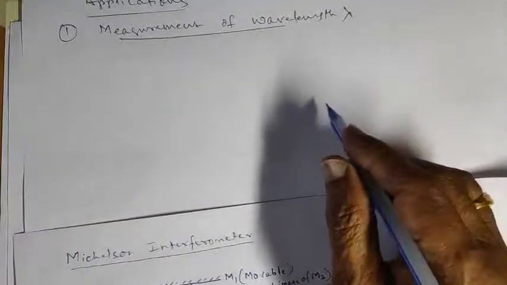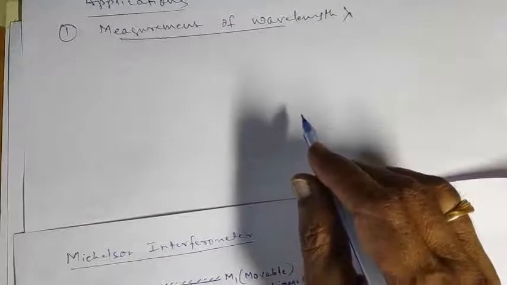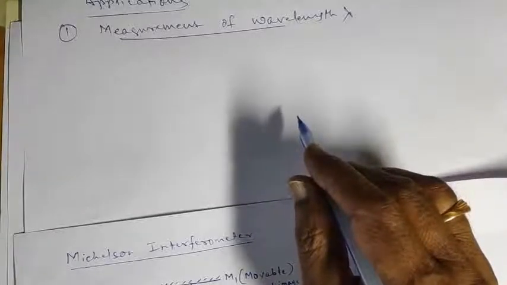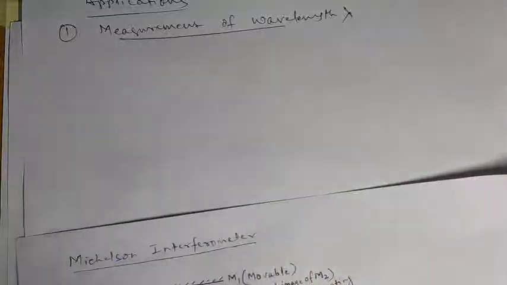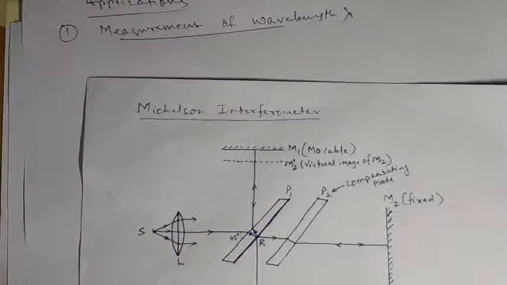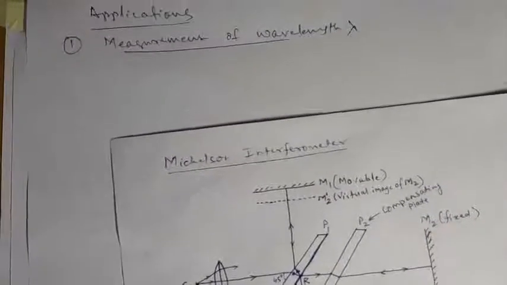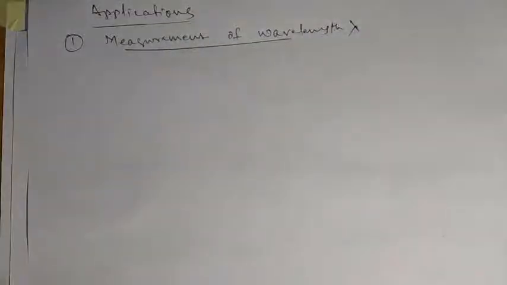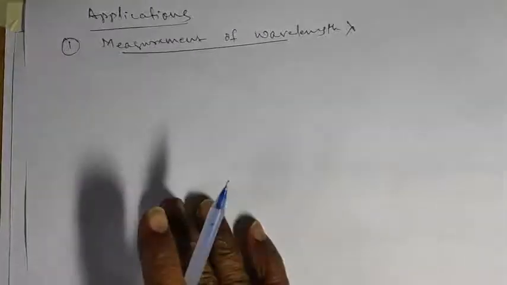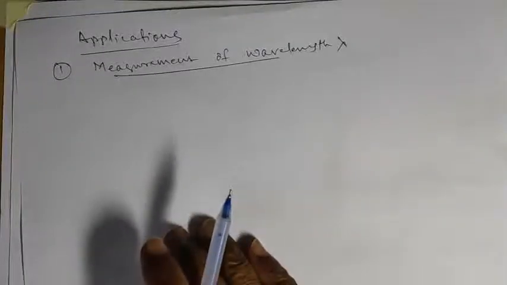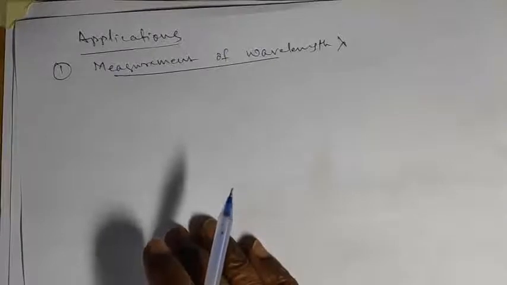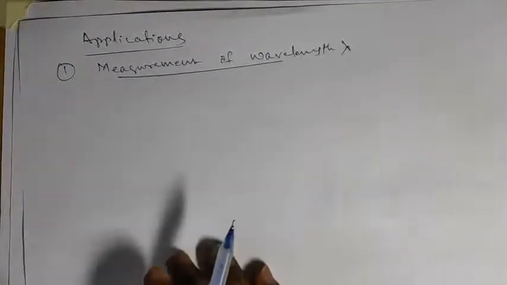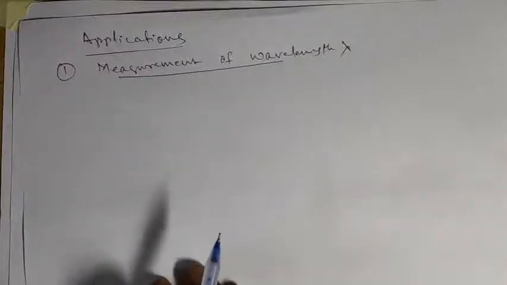Then if the mirror M1 is moved forward or backward, the circular fringes appear or disappear at the center. Just now I have told you, they appear or disappear at the center by moving the mirror M1. Now M1 is moved through a known distance d, and the number of fringes disappearing or appearing at the center is counted.